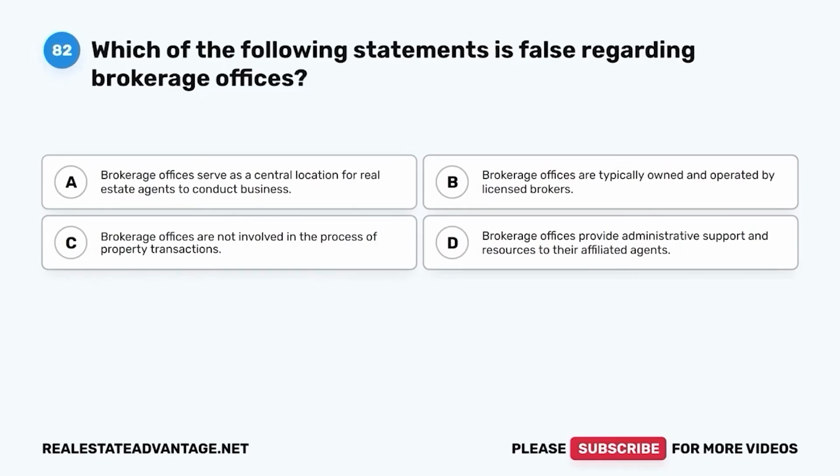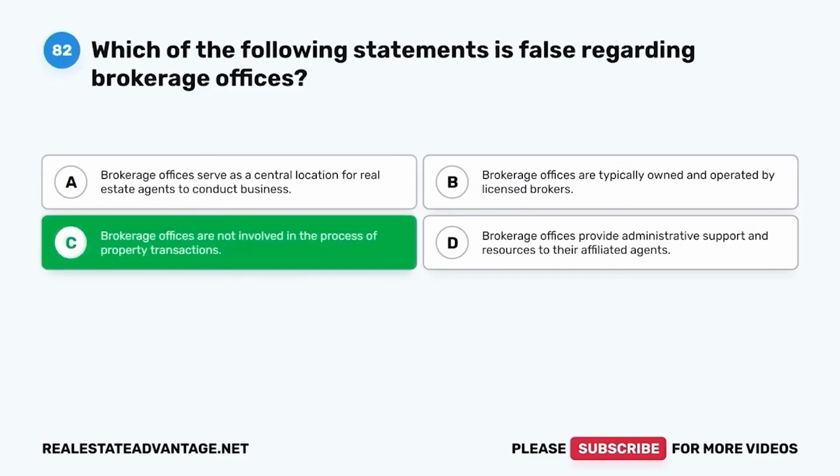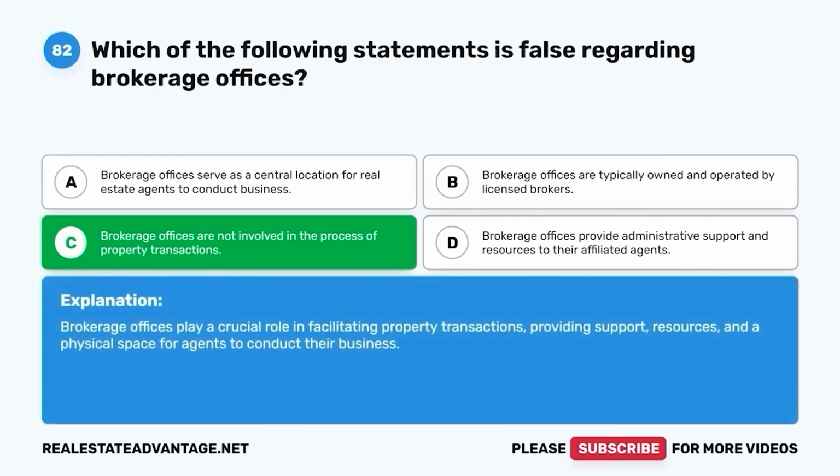D. Brokerage offices provide administrative support and resources to their affiliated agents. The correct answer is C. Brokerage offices are not involved in the process of property transactions. Brokerage offices play a crucial role in facilitating property transactions, providing support, resources, and a physical space for agents to conduct their business.